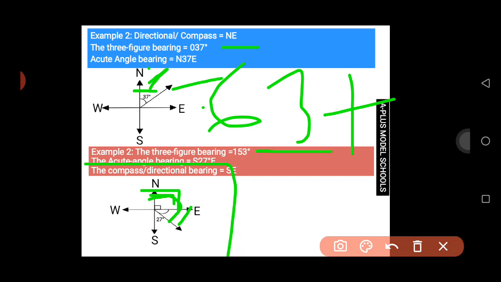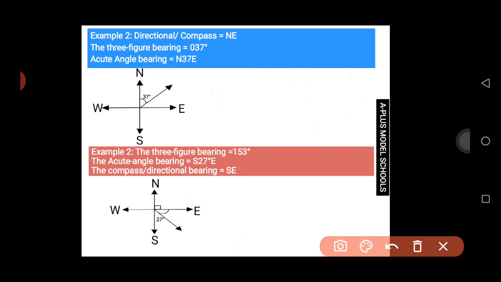So you know that this angle here is 63 degrees, then plus the 90 here, making 153 degrees. The 27 degrees is already given to me, which is the angle it makes with the south. So my acute angle bearing there will be south 27 degrees east.